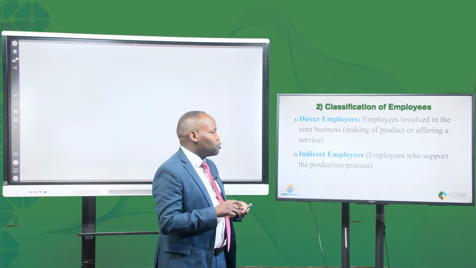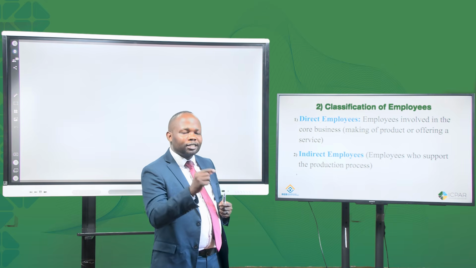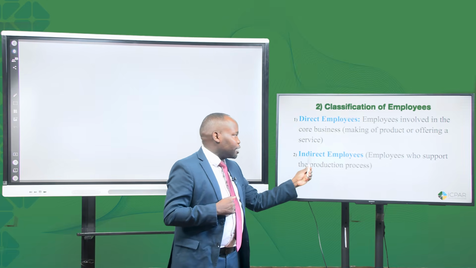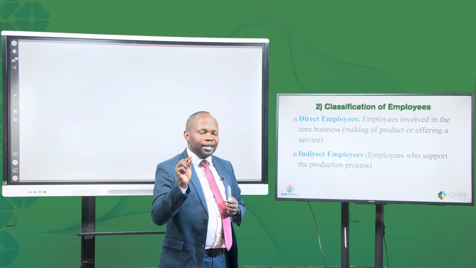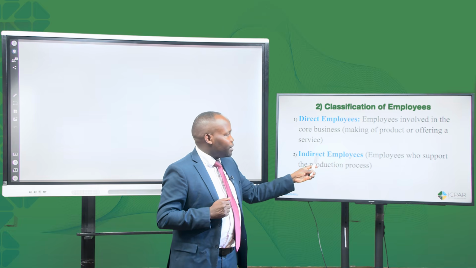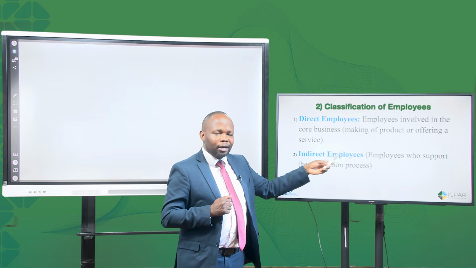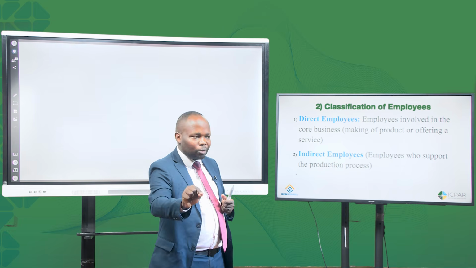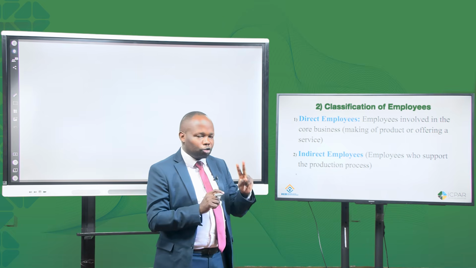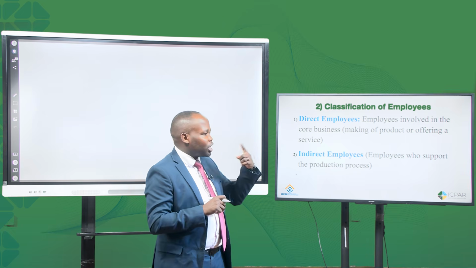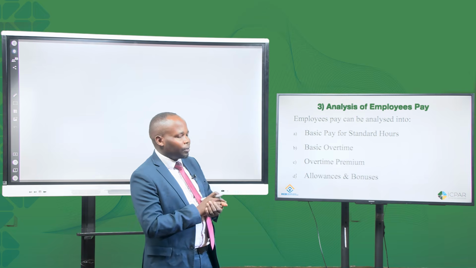And employees who support the production process are known as indirect employees. For example, the CEO is an example of indirect employee because the CEO does not make the tables and chairs. So we classify employees into 2 categories: direct and indirect.